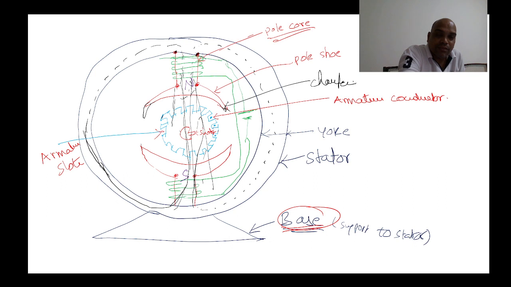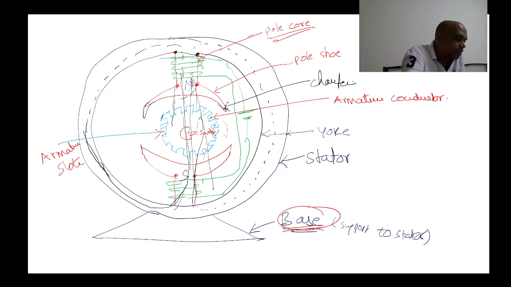That EMF can be collected by the brushes through the commutator. In a DC generator, we give mechanical input, so the armature conductors rotate.